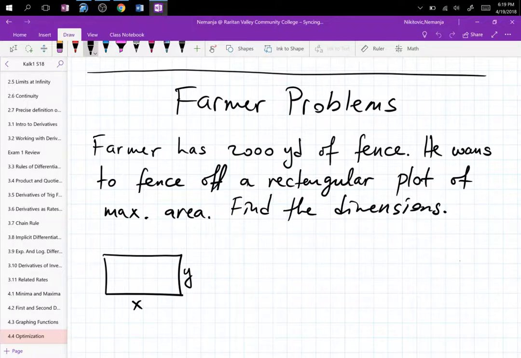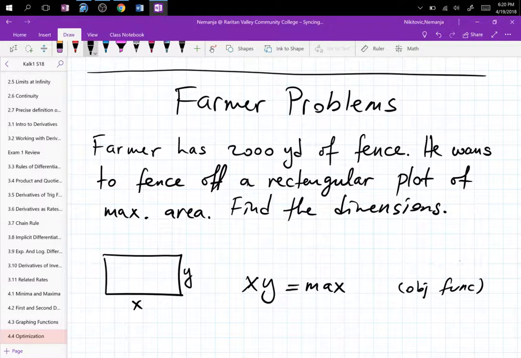x times y equals max. Very good. That's the second one. x times y equals max because I want the area to be maximum. That's the objective equation, the objective function. x plus y. You don't want to fence off this area here, just half?